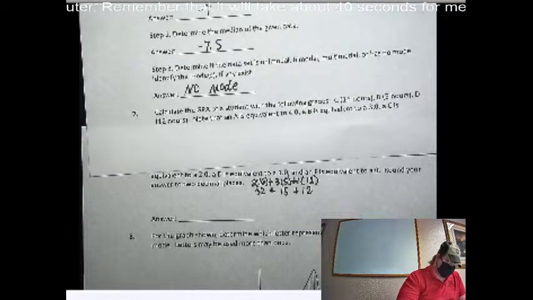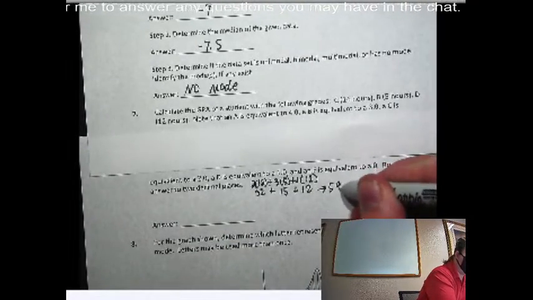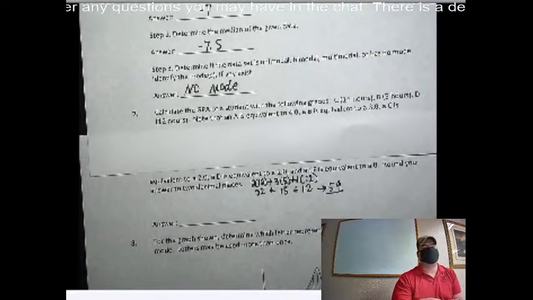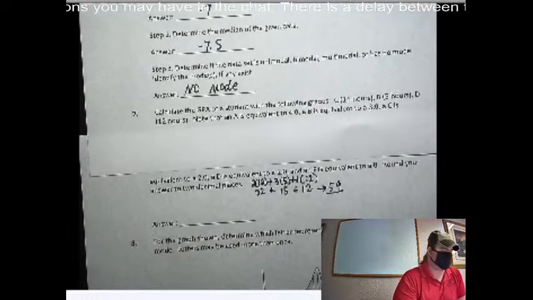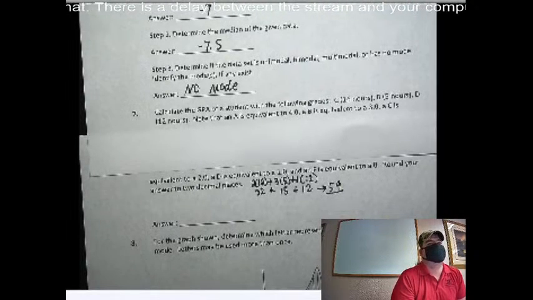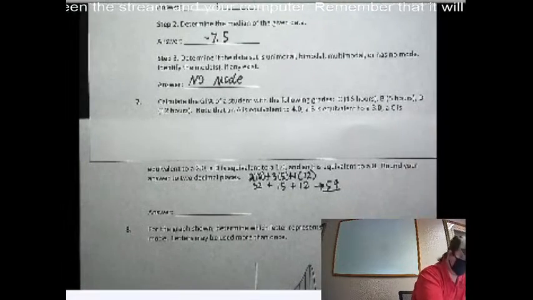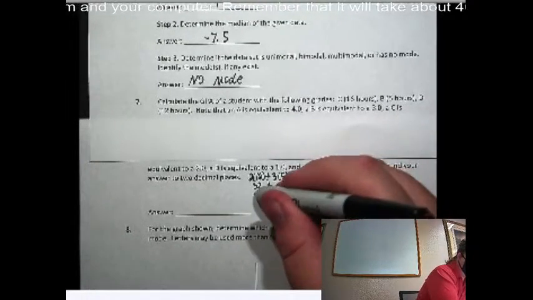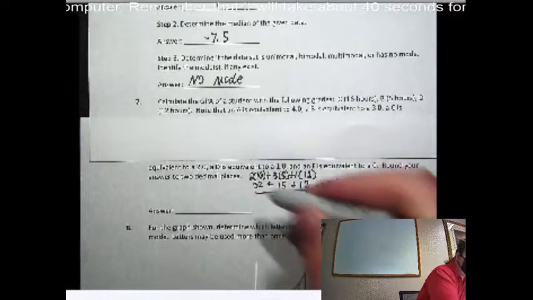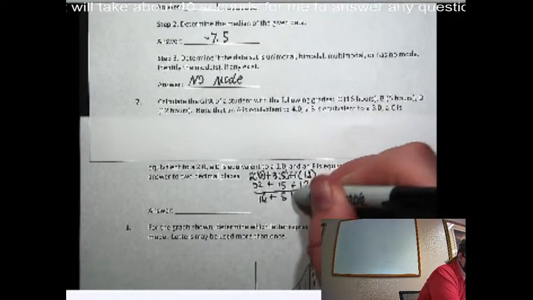32 plus 15, oops, 15 plus 12 is 59. We need to divide this by something. What do we need to divide it by? Exactly, yes. So we have 16, 5, and 12.